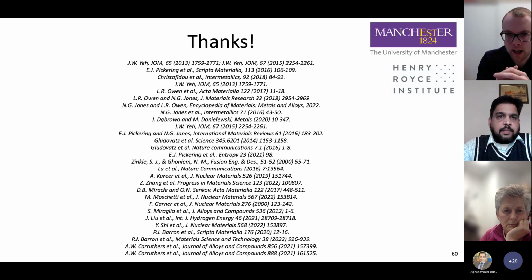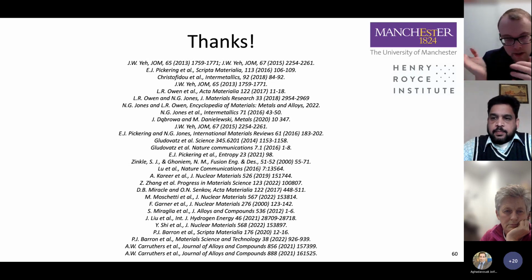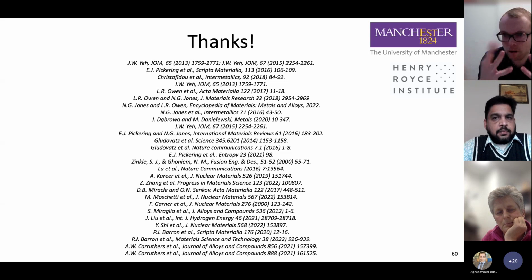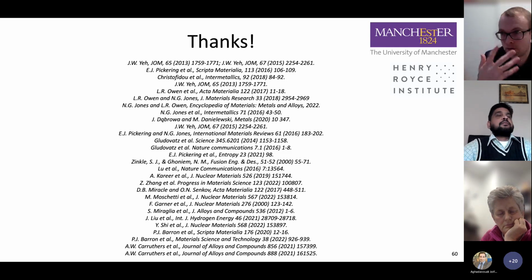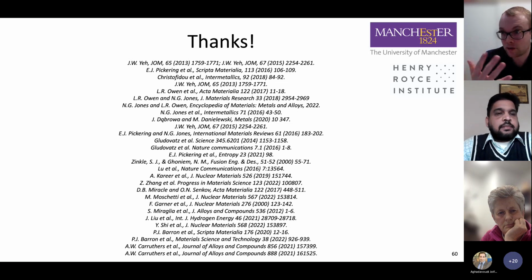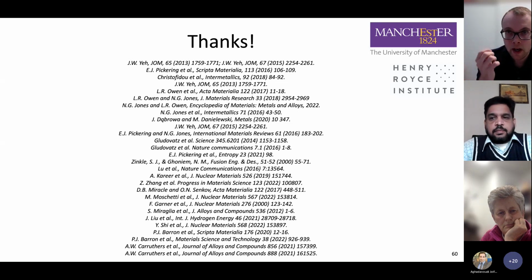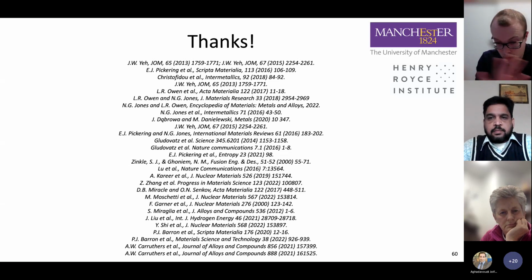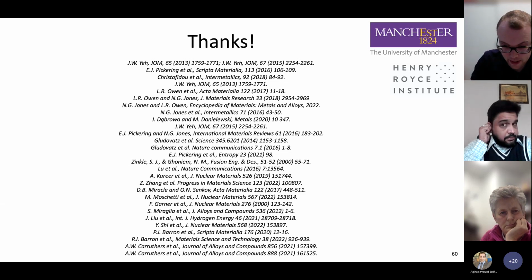Some people have done some work on that, and certainly the thermodynamic database predictions that have been done don't suggest a great deal of change in terms of the phases you see. So that's an example where there doesn't seem to be a huge amount of change.